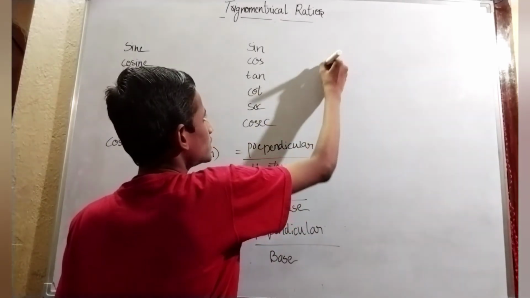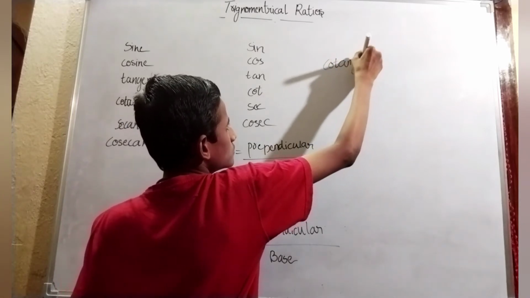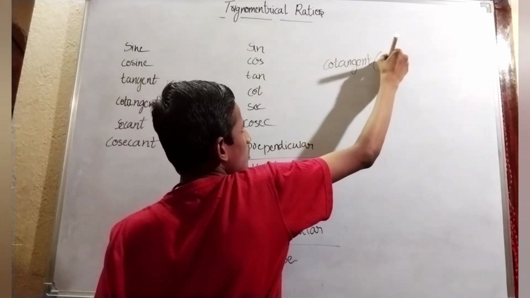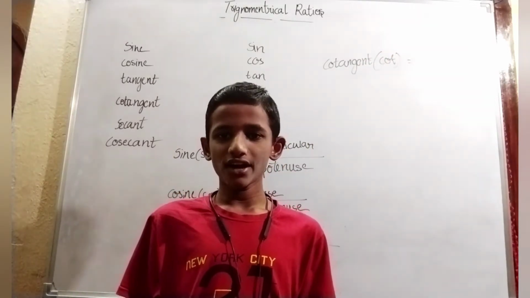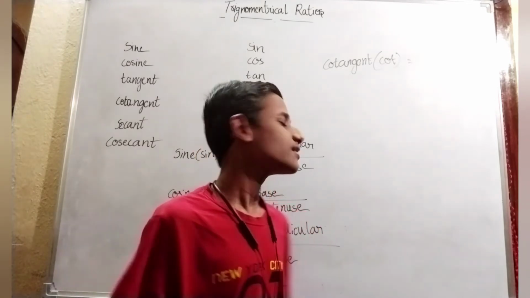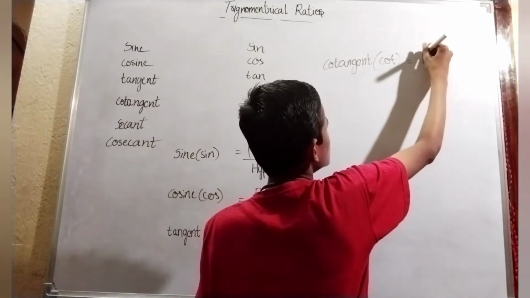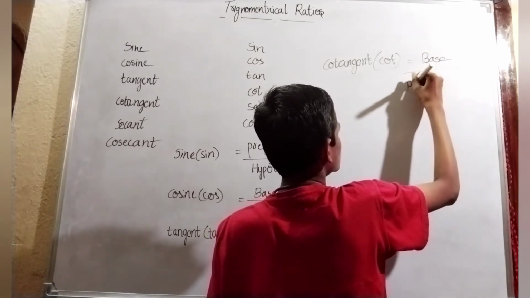Next, cotangent, that is cot in short. Cotangent is defined as the ratio between the lengths of base and perpendicular. That is base by perpendicular.